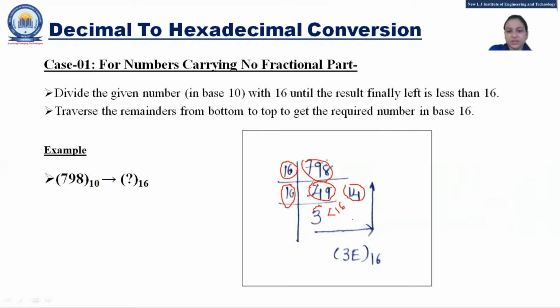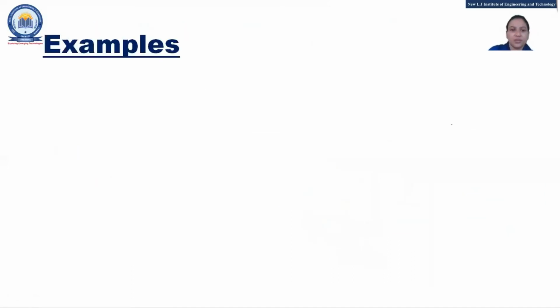Now we'll consider the result from this, and we all know that 14 in hexadecimal is written as E. So now our answer is 31E base 16, which is the hexadecimal equivalent of the 798 decimal number.